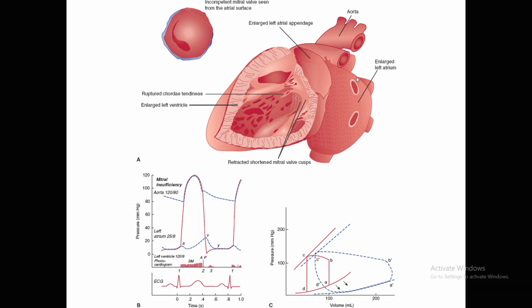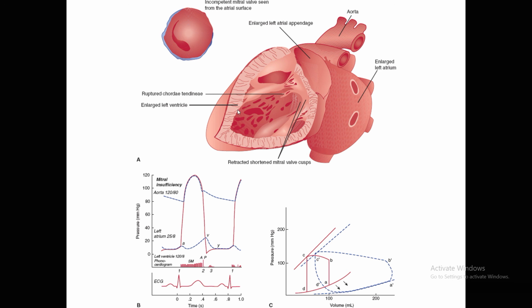In addition, due to the increased volume of blood in the atrium, the filling of the left ventricle is increased. The end diastolic volume in the left ventricle will be increased, thus causing hypertrophy and enlargement of the left ventricle also.